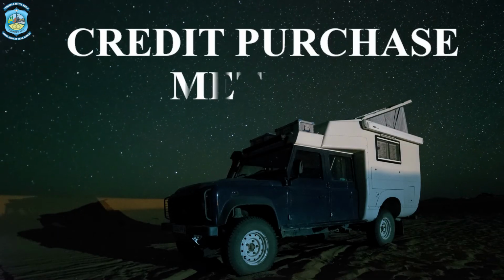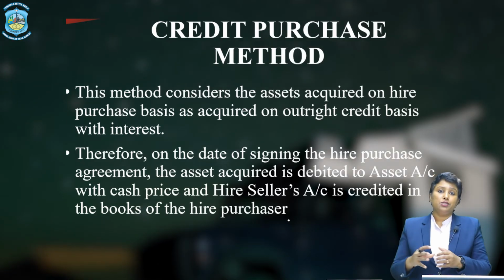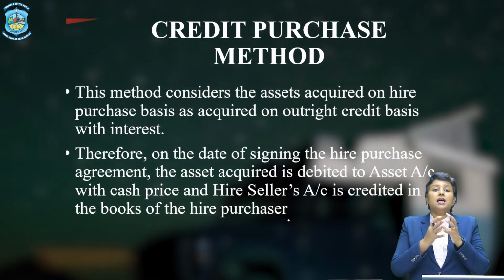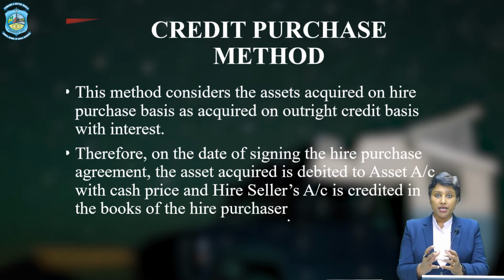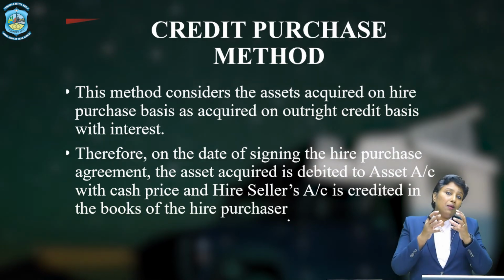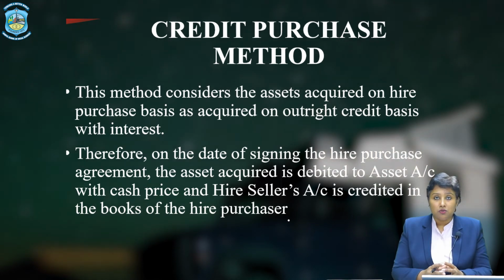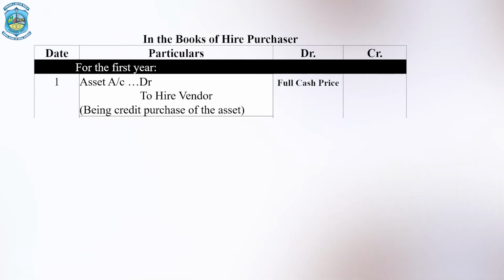So let us move on to the second method, that is the credit purchase method. This is another method of recording the hire purchase transactions in the books of purchaser. Well, in this case, he is treating the entire purchase as a whole credit purchase, and therefore the entire amount of asset with the cash price will be debited in the books of accounts of the purchaser in one go. Alright, so the very first entry in the books of purchaser would be asset account debited to hire vendor. This is simply the entry of any credit purchase, isn't it?